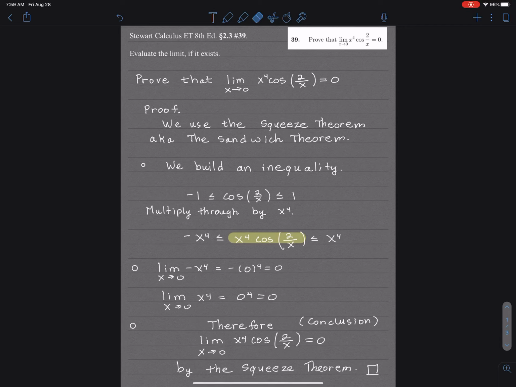Those two things satisfy the hypothesis, and then the third point is that we come to the conclusion, our therefore. So the first two bullets satisfy the if portion of the squeeze theorem, and the last one is the conclusion. Okay, that was a lot of talking, but there we have the squeeze theorem applied to this limit problem.